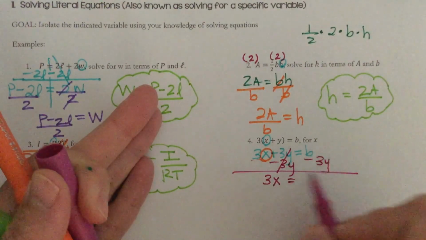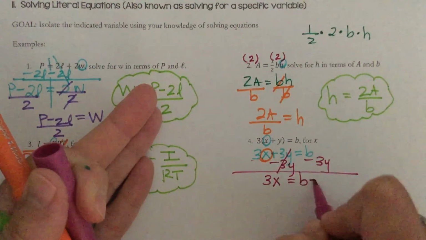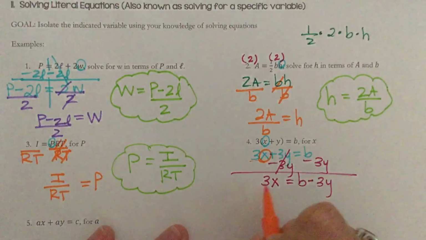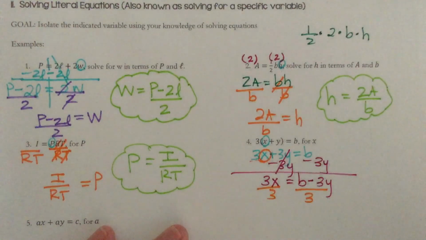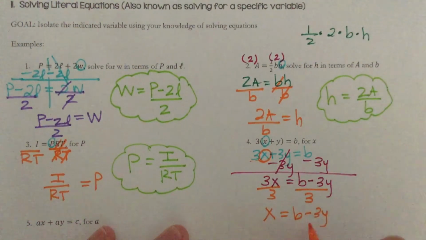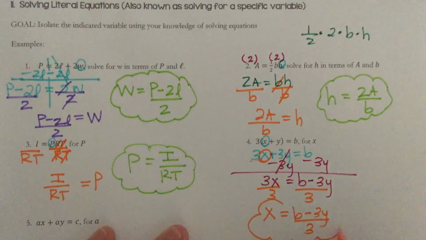On the right-hand side, b and negative 3y are not like terms, so the best I can do is write it as b minus 3y. And finally, we finish our problem off with division. 3 is multiplying the x, so we're going to divide both sides by 3. And we find that x is equal to b minus 3y divided by 3.